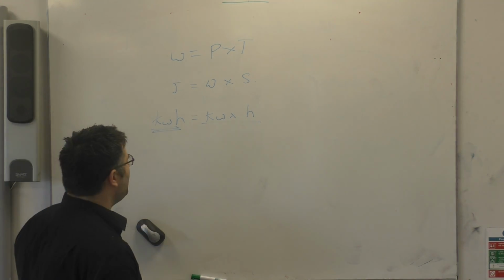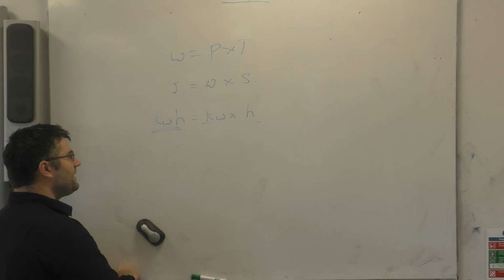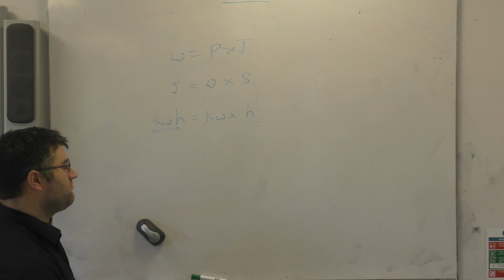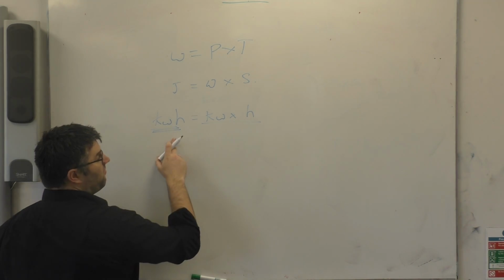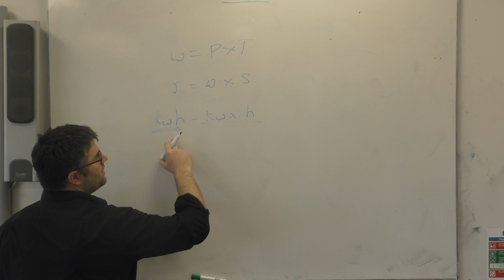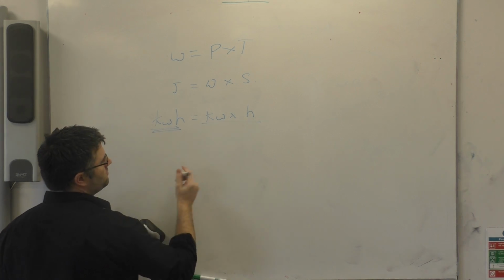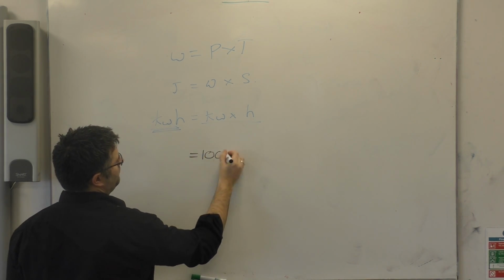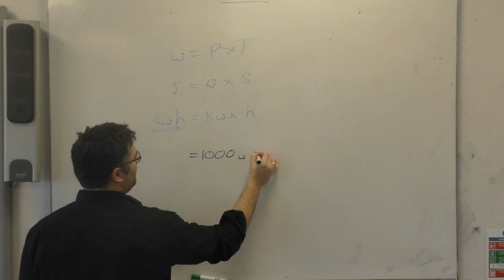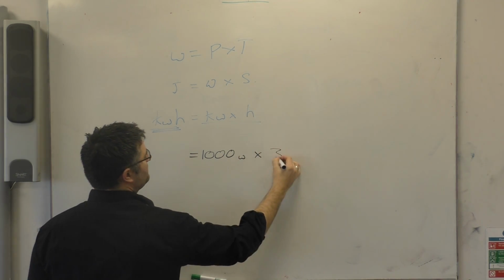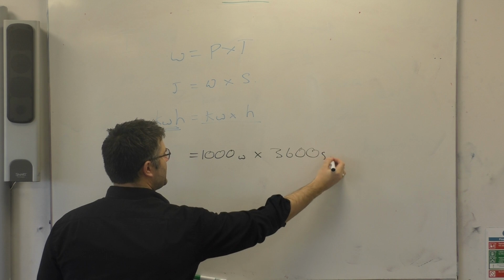Well, how do we define a kilowatt hour? Well, we define a kilowatt hour by quite simply saying, well, what is it in joules? Well, what is a kilowatt hour in joules? Well, 1 kilowatt is 1,000 watts, and 1 hour is 3,600 seconds.